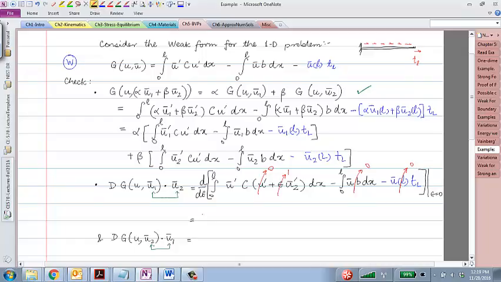And what I'm left with is integral 0 to L of, and actually this virtual displacement should be 1, so what I'll get is u1 bar prime c of u2 bar prime dx.